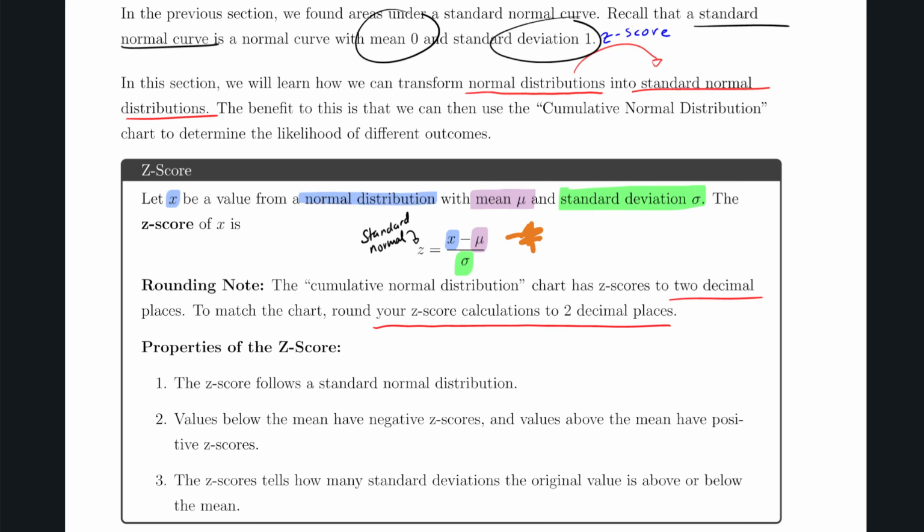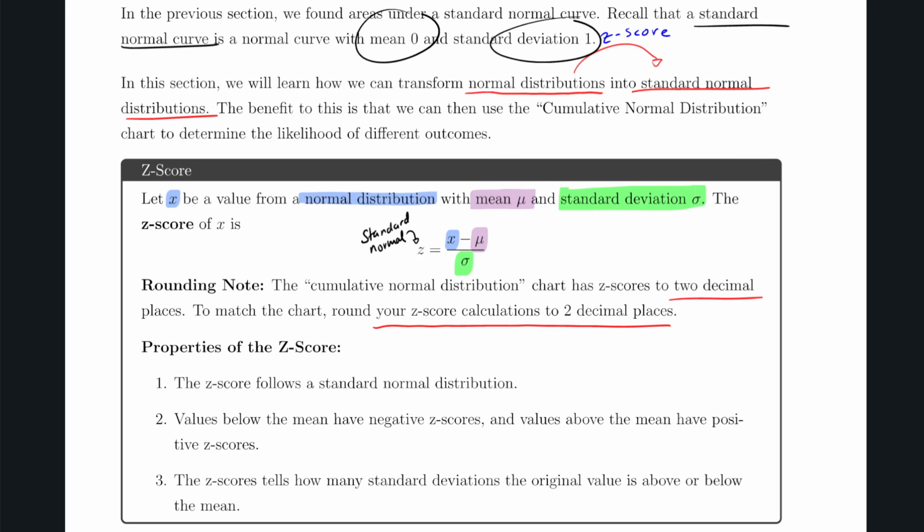Standard deviation is positive, negative divided by positive is negative. So values below the mean will correspond to negative z-scores, and then values above the mean, similarly, larger number minus smaller number is positive, divided by positive number stays positive. They'll have positive z-scores.